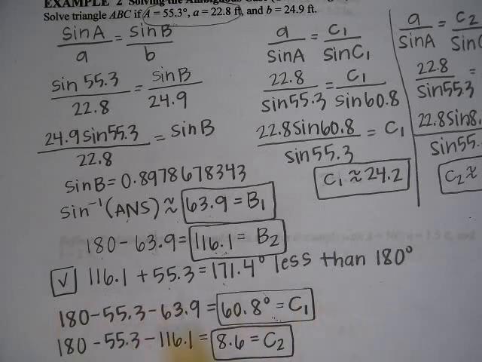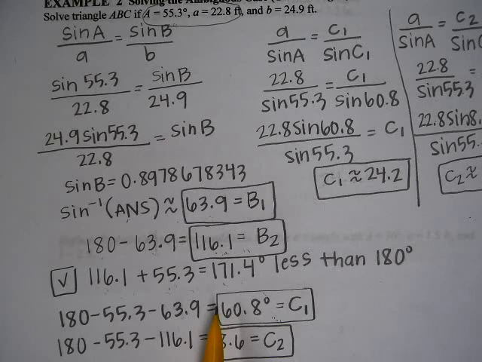Okay, why are we checking that? Because we need to see if there's a possibility for C, and we know that all triangles, right and oblique, their angles add to be 180. So if I added my B2 and this angle from the original, and this was larger than 180, then we would say it's not possible for there to be 2 triangles.